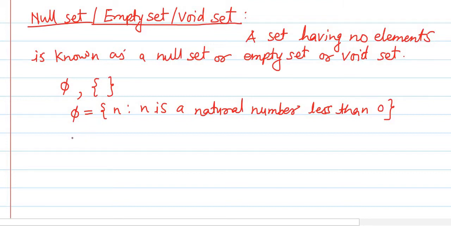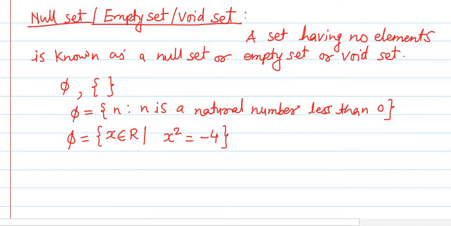Again, suppose we have the set phi which is the set of all x belonging to R, meaning real numbers x, such that x square is equal to minus 4. As we know that there is no real number whose square is minus 4, therefore obviously this second set phi will also be the empty set. So, like such, we have the empty sets, and empty sets are also important in our study.